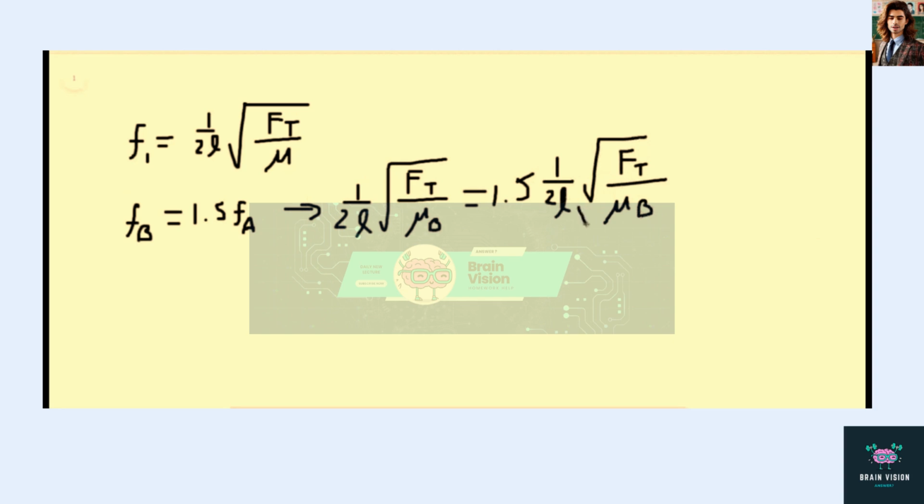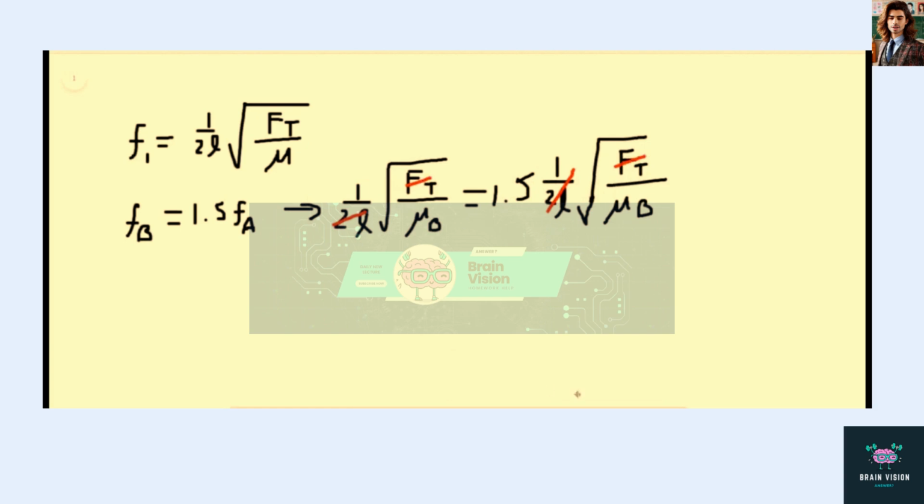Let's make sure this square root extends all the way down to include all that. That looks better. Now we cancel everything in red: this cancels, this cancels, and the Fts are going to cancel, right?